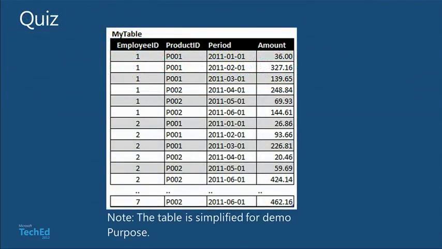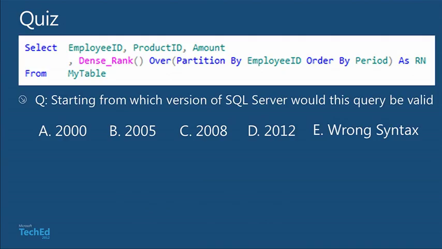The first one, as you can see, is a very simple table I used before. It only has 4 columns. So the first question is: select dense rank over partition by, order by, and so on. Starting from which version of SQL Server would this query be valid?